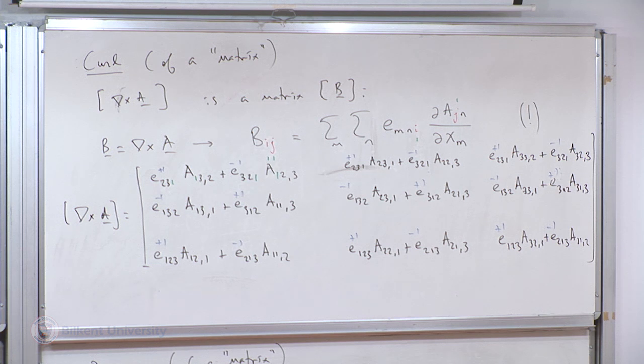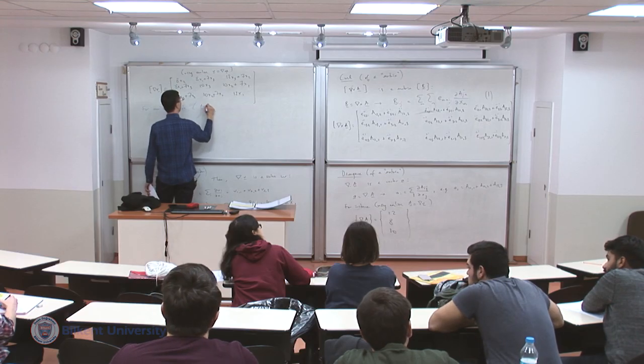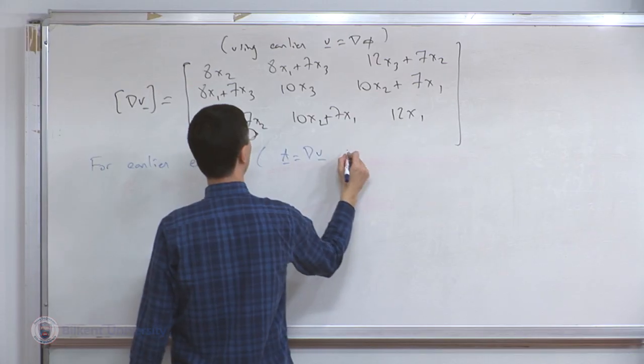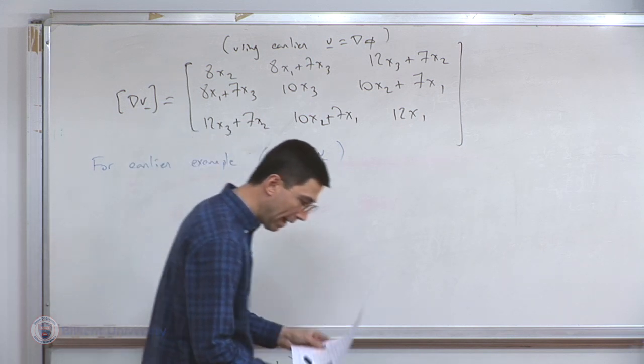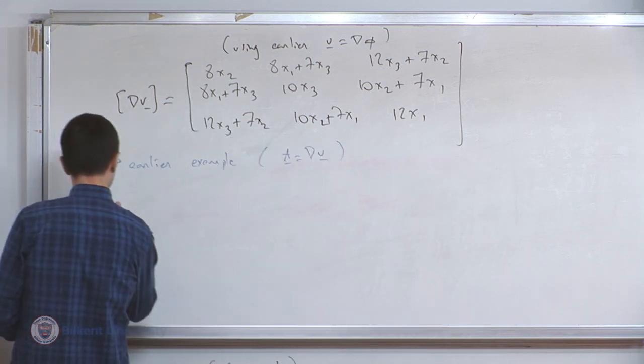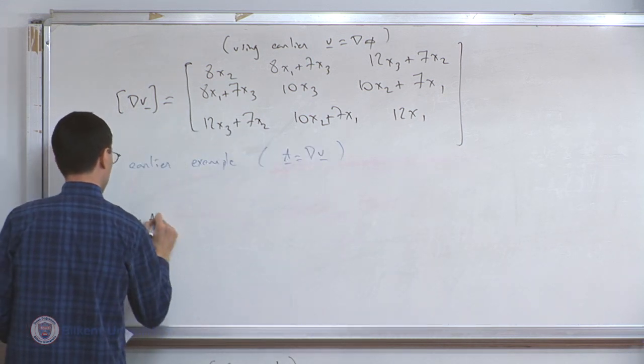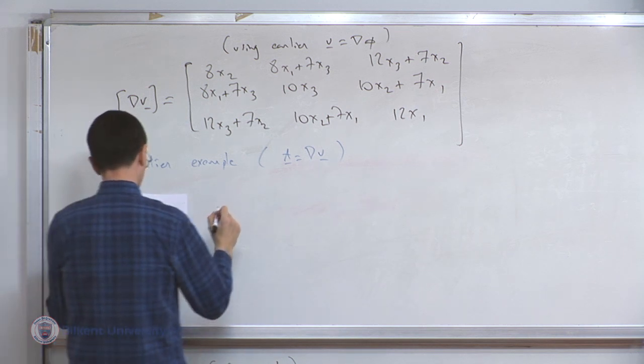All right, let me apply it to this example. So for the earlier example, where A is equal to the gradient of V, we have the curl of A is equal to.